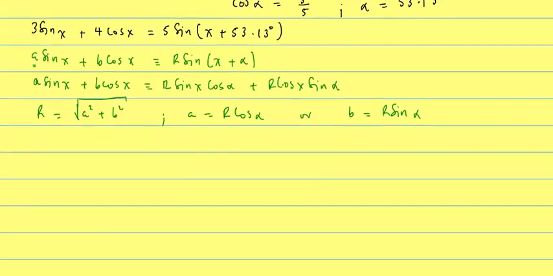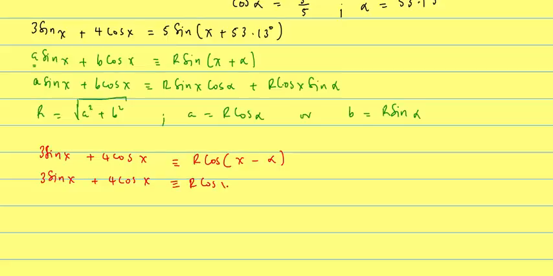The same equation, 3 sine x plus 4 cos x, can be written in terms of cosine of (x minus some alpha). How do we go about this? The procedure is really the same. What we'll need to do is expand the right hand side and make 3 sine x plus 4 cos x equal to r cos x cos alpha.